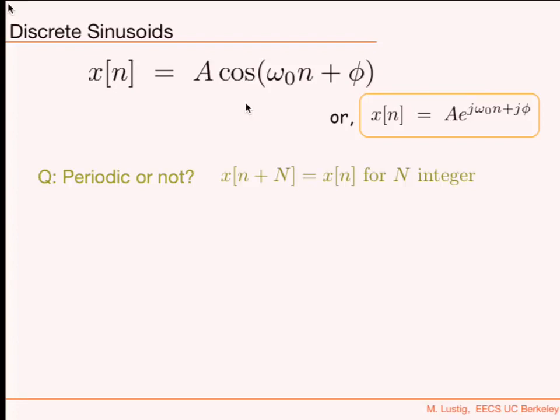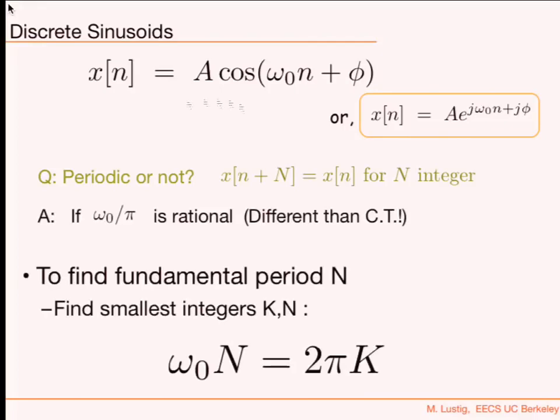Not always. Not always. Right. And it's really true. Yeah, it's not always. It's only if omega 0 over pi is a rational number. Okay? If it is a rational number, then at some point we're going to see the same value repeating over and over again. But if it's not, if it's an irrational number, that's never going to happen, and that sequence will never be periodic.